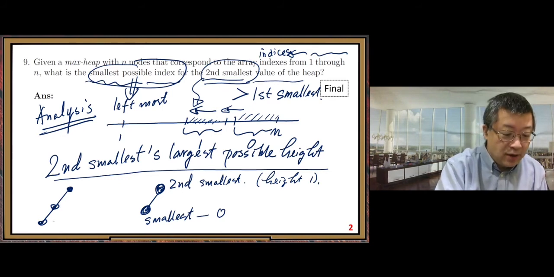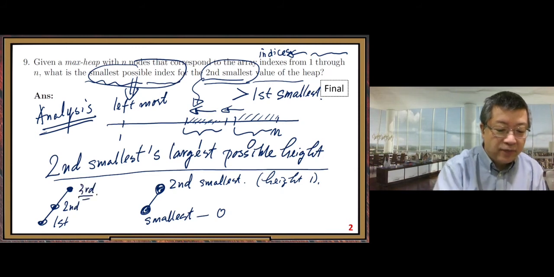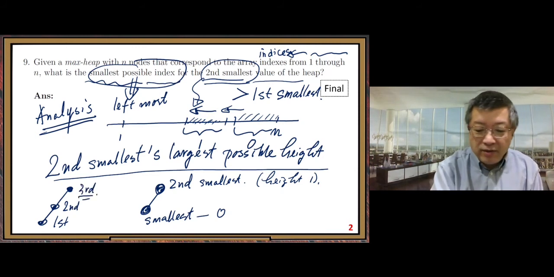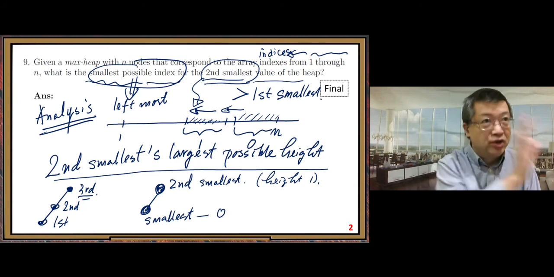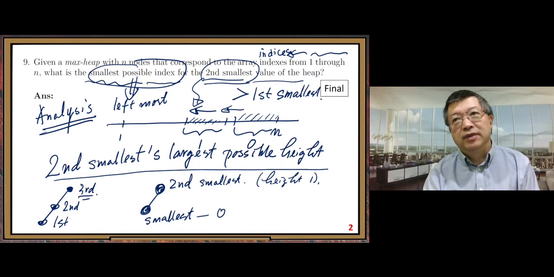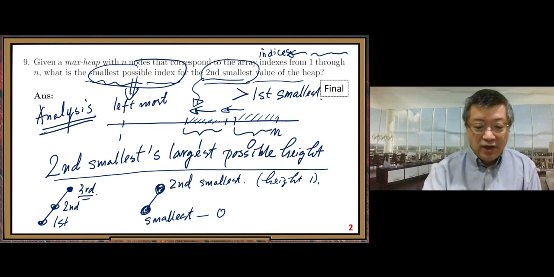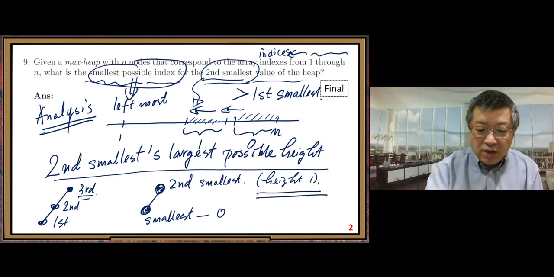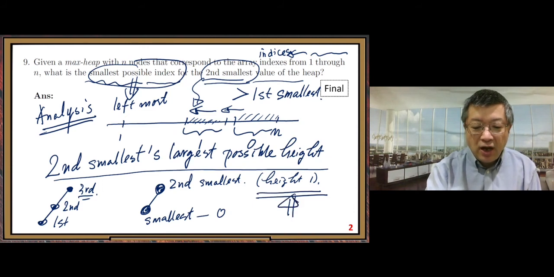Yeah. So first smallest, this smaller than that, right? Second, third. So you can see second smallest you cannot push to height level 2 segment. Height level 2 segment you cannot push. The leftmost segment you can push is height 1.